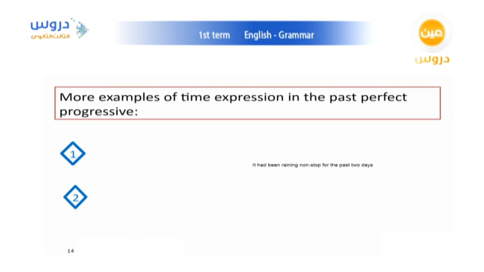So here it had been raining. This is the past perfect progressive. Good.